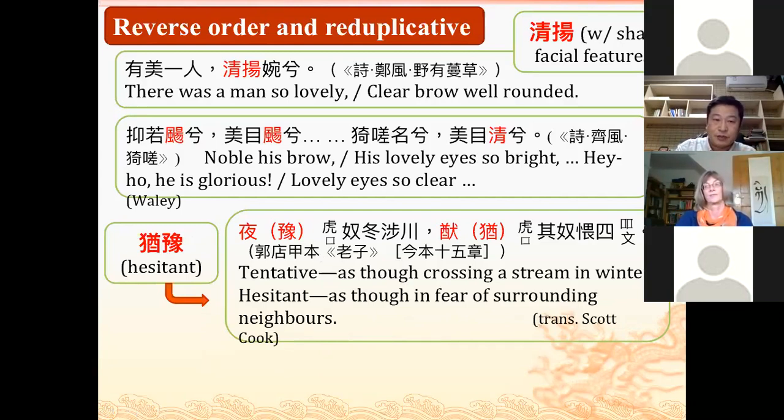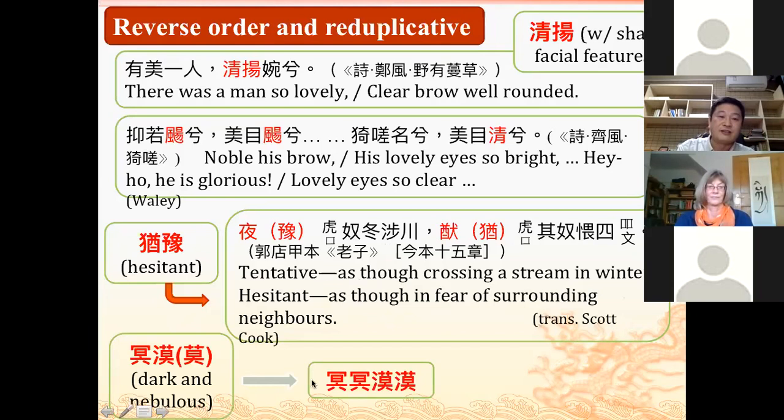Even in reverse order, like 豫兮如东涉川, 犹兮其若畏四邻. Which means tentative, as though crossing a stream in winter, hesitant, as though fearing the surrounding neighbors. I borrowed Professor Scott Cook's translation here.